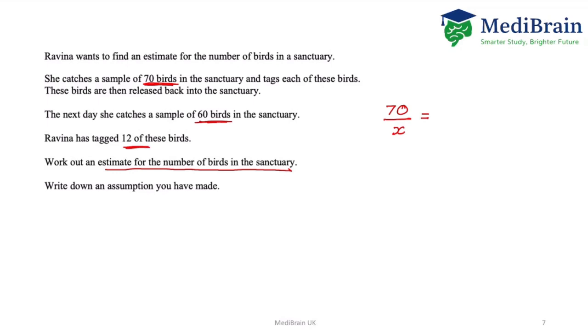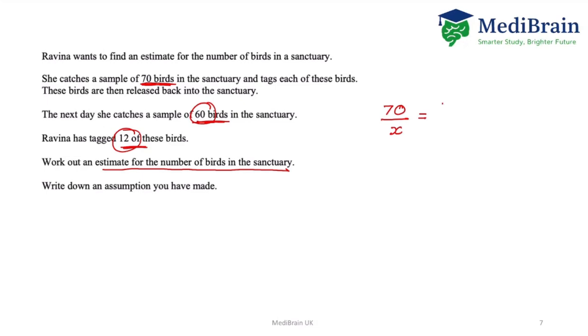So in the second sample, we've got 12 birds which have been tagged out of a total of 60. Okay, so we have 12 tagged over a total of 60.